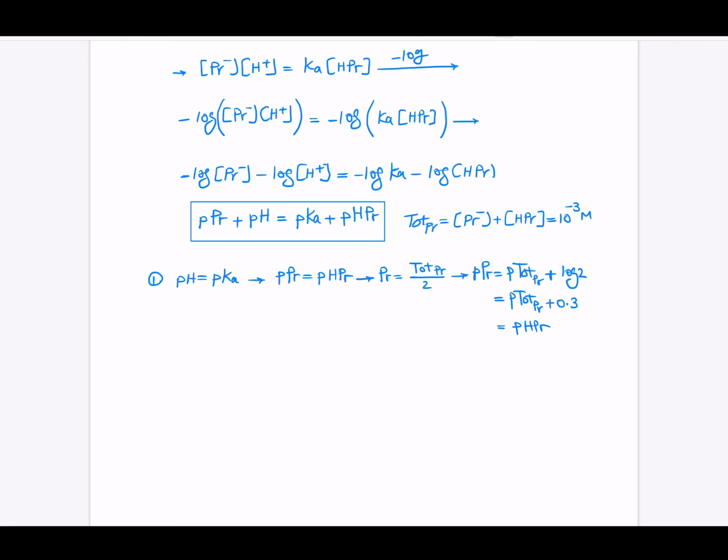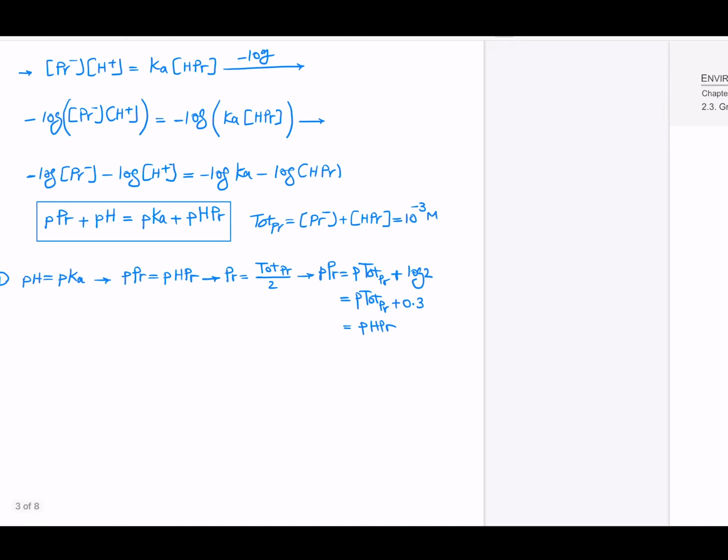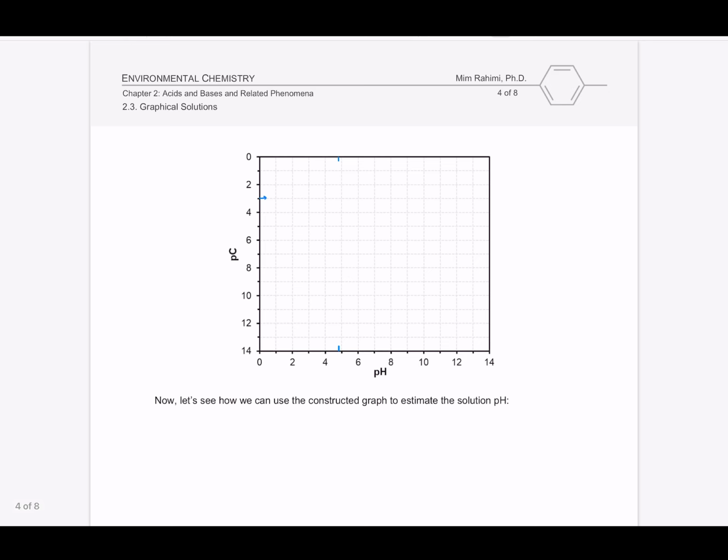So these two lines, whatever lines represent PR and HPR, they intersect, so they cross each other, and that cross point would be p total only moved by 0.3, so increased by 0.3. So let's go back to the graph. Basically, if this is the total, we're talking about this particular pH.